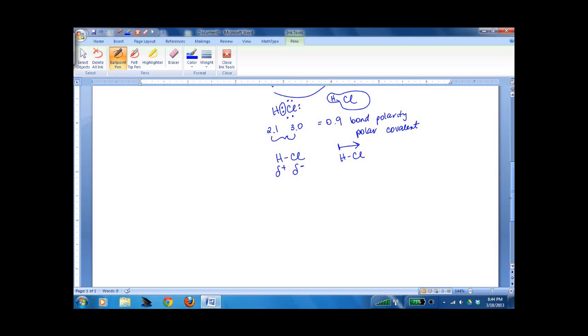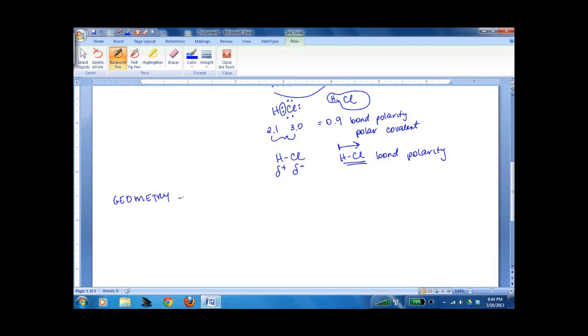The last item related to this is regarding geometry. Here we've been looking at bond polarity. Now what we want to do is try to predict the polarity of molecules.